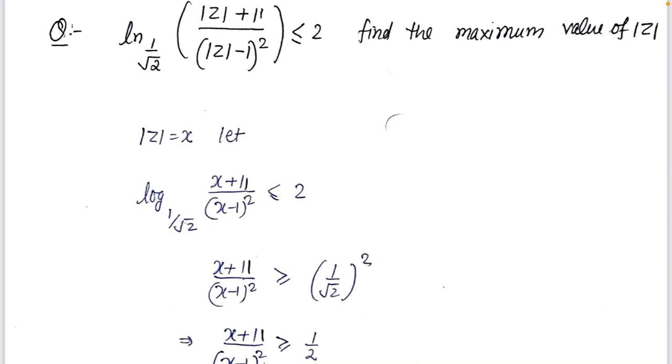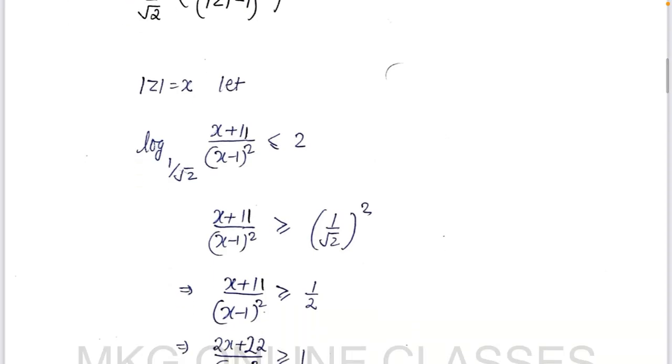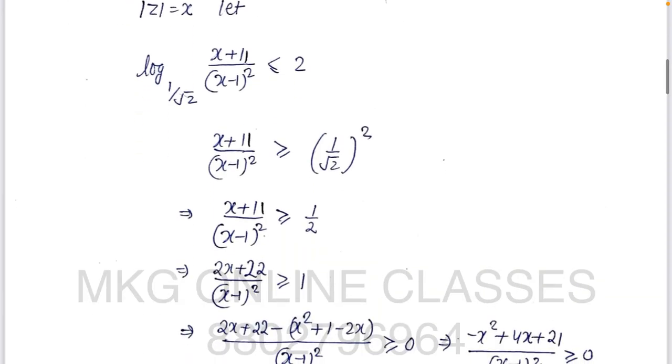Fine. So (x + 11)/(x - 1) whole square is greater than or equal to (1 by root 2) square, and (1 by root 2) square is 1 by 2 basically. So you can take 2 to the left hand side. Numerator will become 2x + 22 upon (x - 1) whole square greater than or equal to 1.